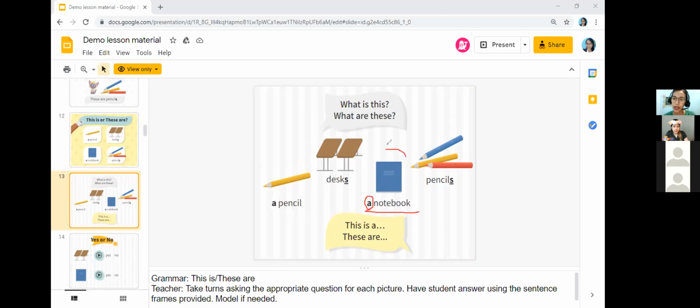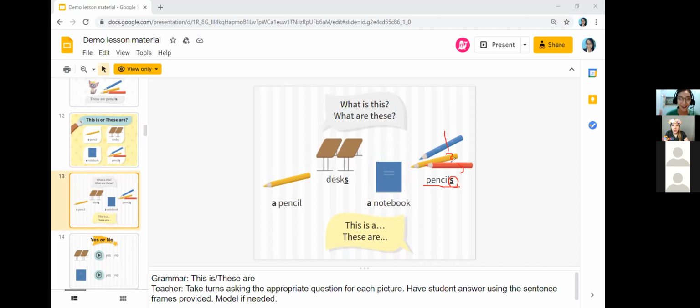Oh, Ina. What is this? This is a notebook. Very good. This is a notebook. Well done. Ina. One, two, three. What are these?